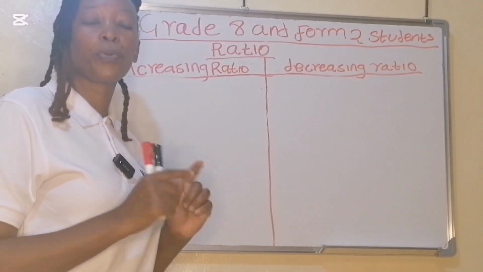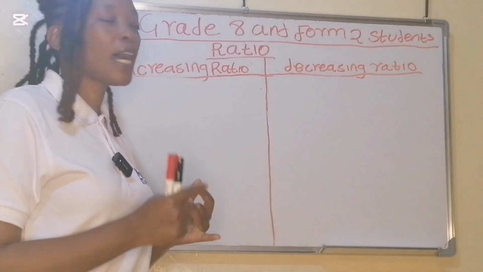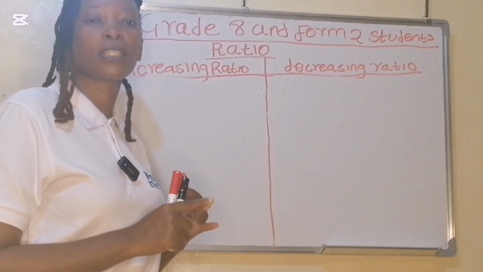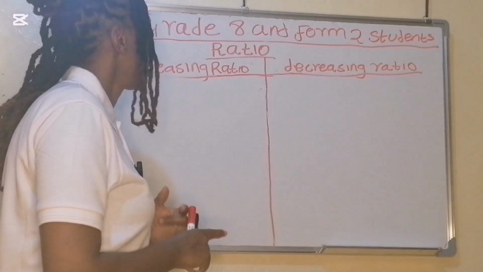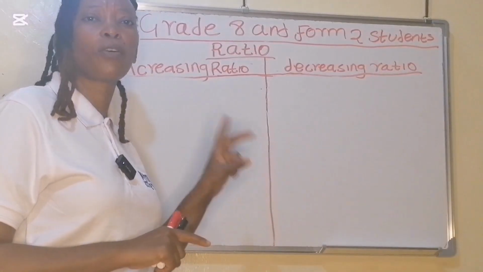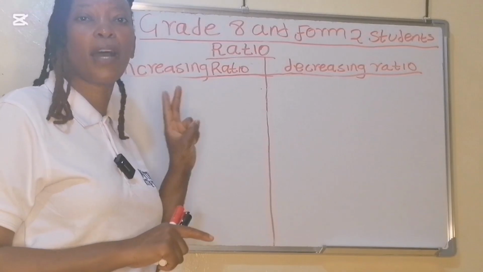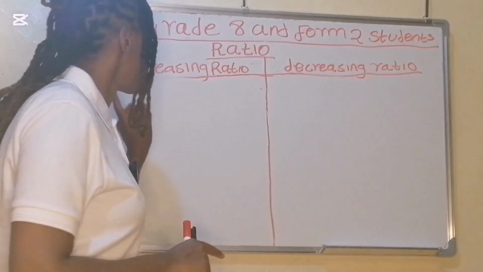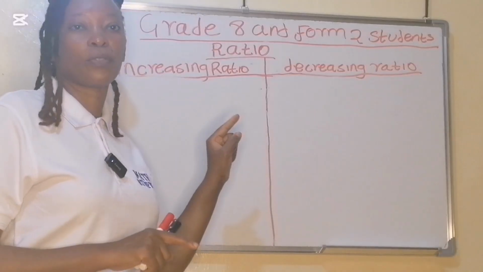So today I will help you understand the concept, and give you a procedure that is going to help you identify increasing ratio and decreasing ratio. You will not confuse the two again. I assure you, by the end of the lesson, you will not confuse them.